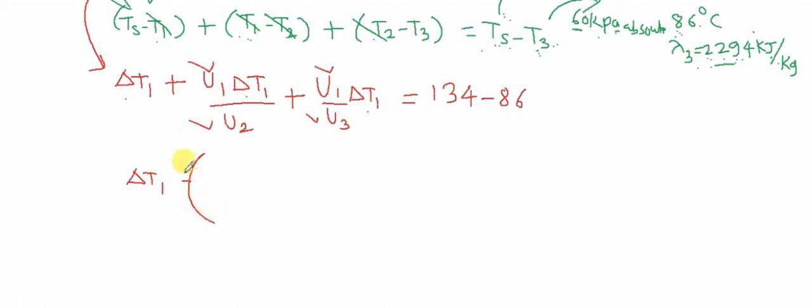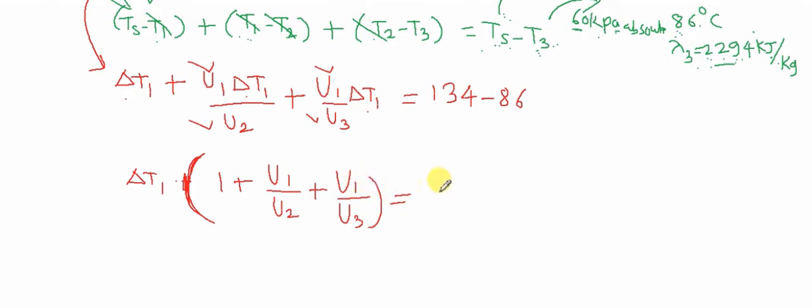Inside the bracket will be 1, then U1 by U2 plus U1 by U3, and that is equal to the difference, which is 48 degrees Celsius. Now U1, U2 and U3 values are given to us.